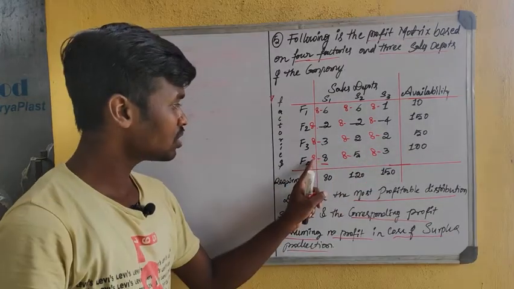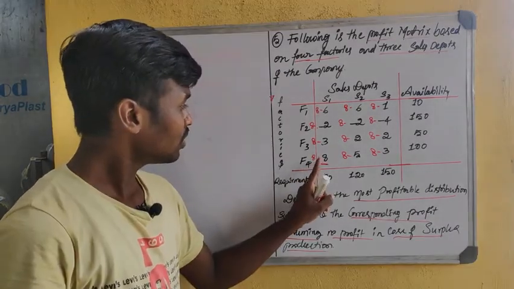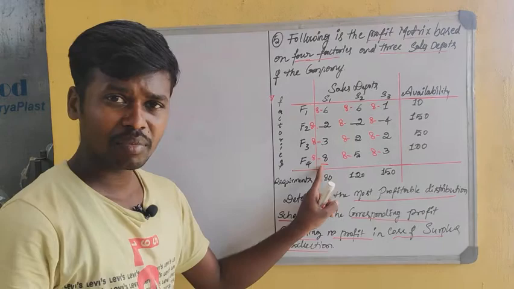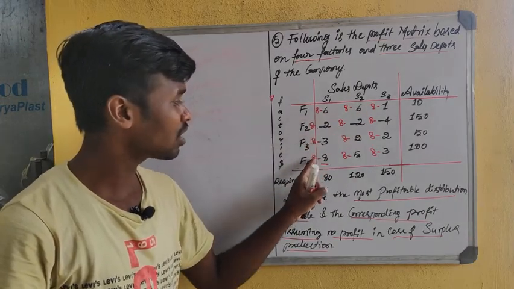So this is the highest number, and we subtract each number from it.